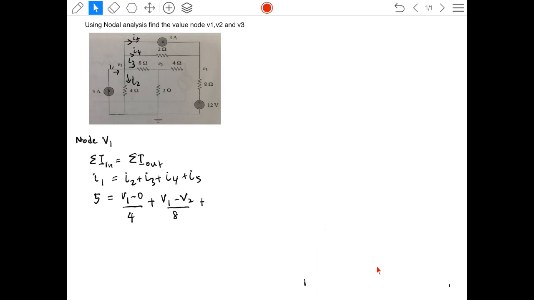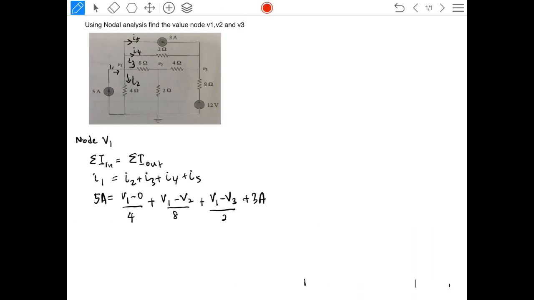So this will be V1 minus V3 divided by 2. And finally we have I5 with the value of 3 ampere. So we have 5 ampere input, and all this: V1 minus 0 divided by 4, V1 minus V2 divided by 8, V1 minus V3 divided by 2, and finally the 3 ampere.